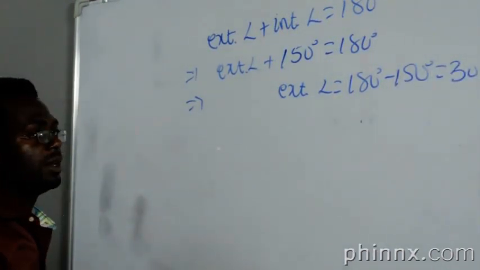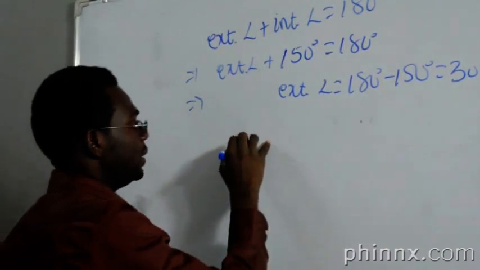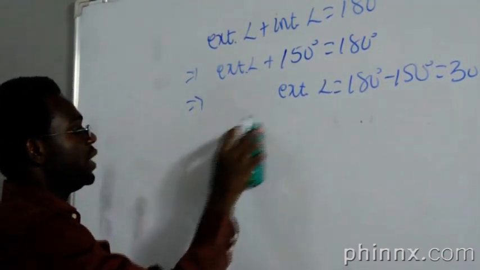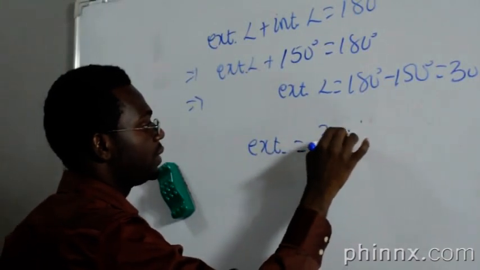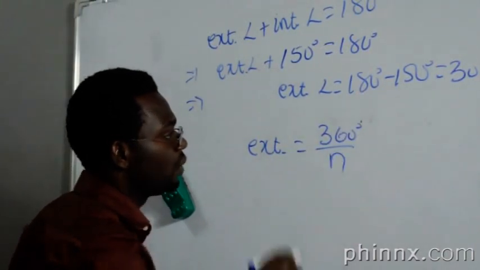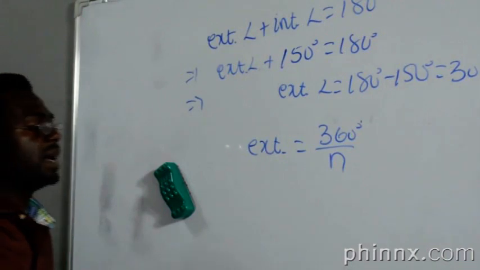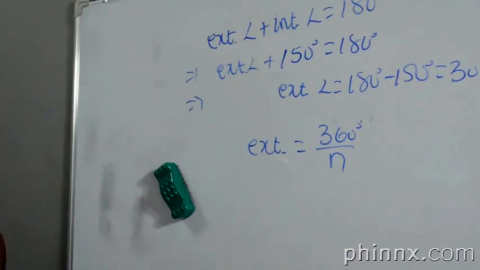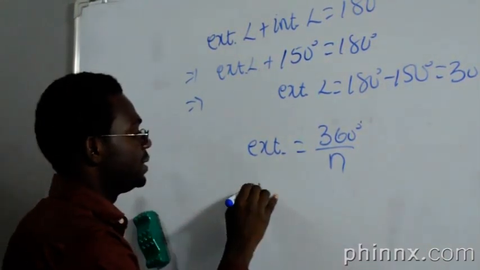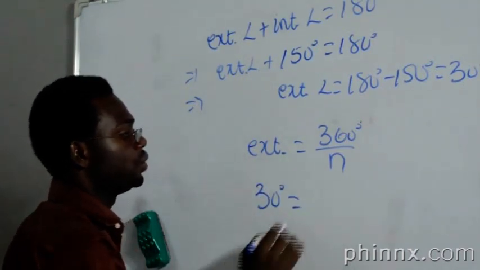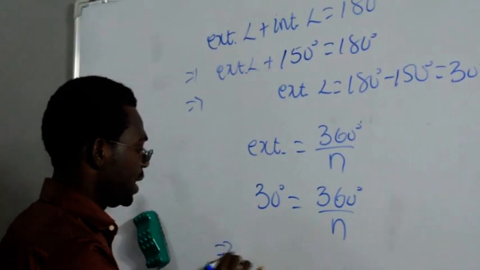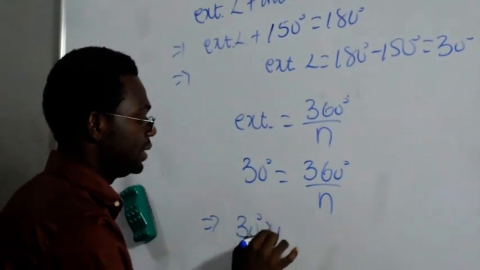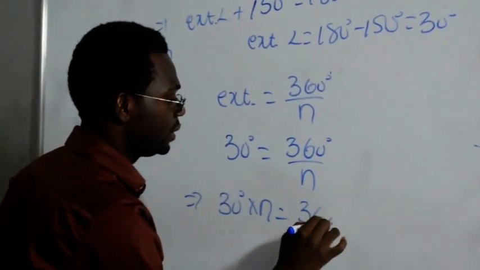Now, in a regular polygon, the size of each exterior angle is simply equal to 360 degrees over n, where n is the number of sides. In this particular polygon, the exterior angle is 30 degrees. So 30 degrees is equal to 360 degrees over n. This implies that 30 degrees times n is equal to 360 degrees.